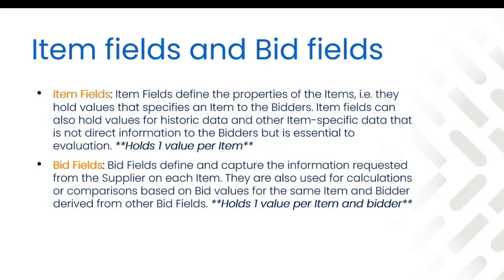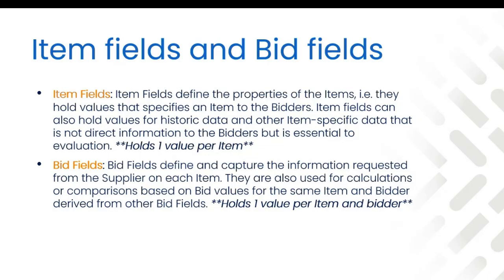It is pretty important to understand that I can create a bid field using item information, but I can't create item information using bid fields because of this hierarchy that we have.